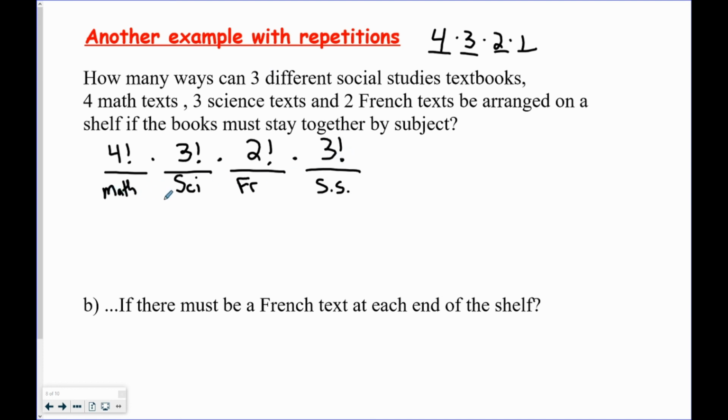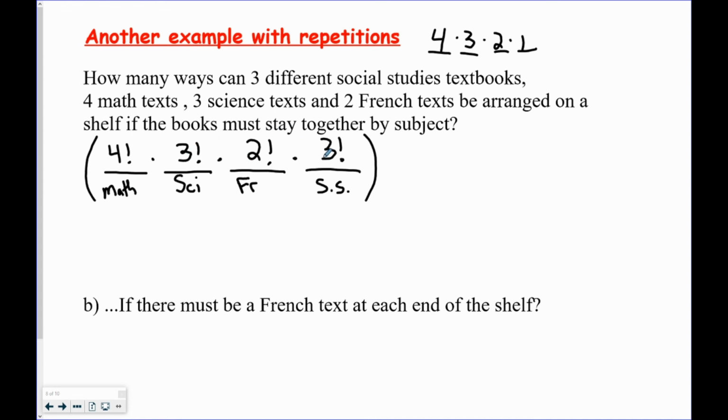Now, this would be one way of arranging my shelf. In this arrangement, I got my math books, then my science books, then my French books, and my social studies books. But I can arrange the actual groups, can't I? Like I could take these social studies books and put them in front of the math books and have a brand new arrangement. So how many different groups are there? There's 1, 2, 3, 4.